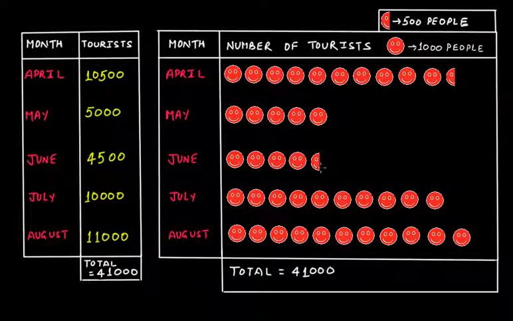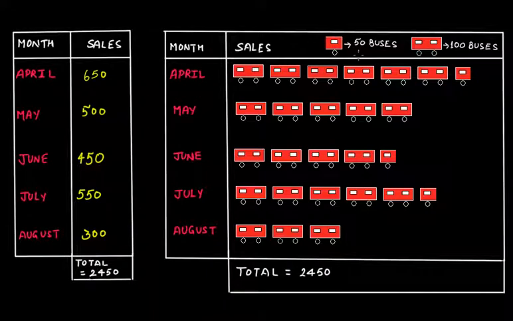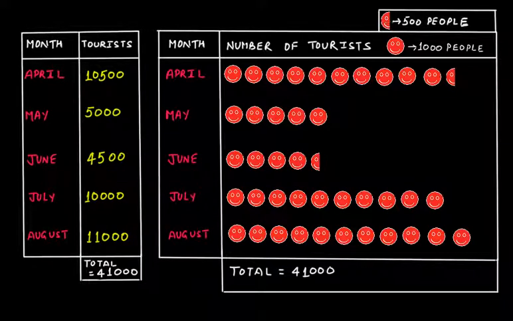That makes it 4,500, and then you can calculate it on the basis of how many faces you have here, right? Okay, so in these two representations, we have mentioned what this half bus represents and what this half face represents.